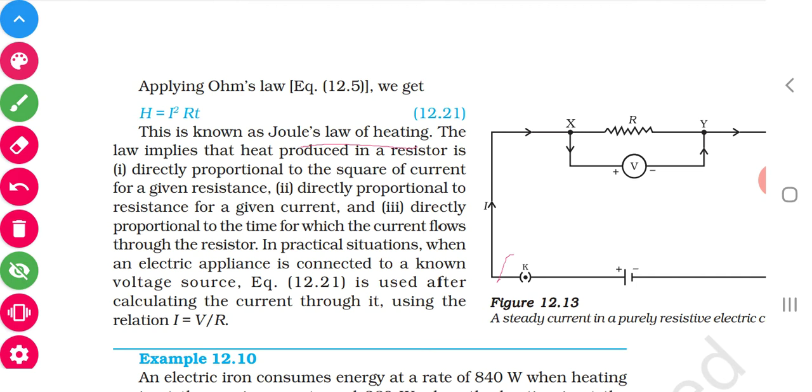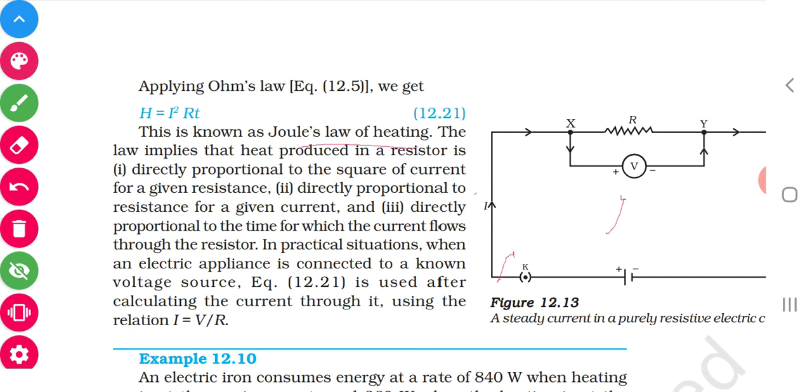So what does this law denote? This law denotes that the amount of heat produced is proportional to the square of the current, the resistance, and the time through which the current flows. So what happens in practical situations when an electrical appliance is connected to a known voltage source?